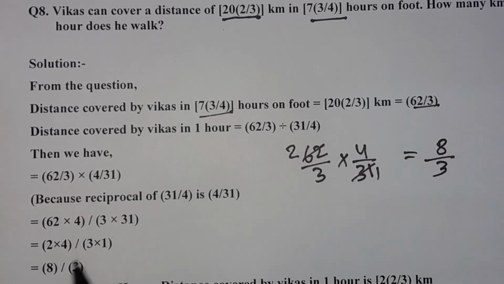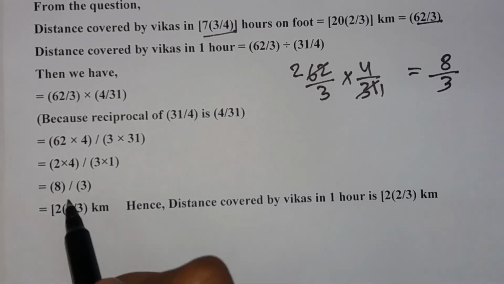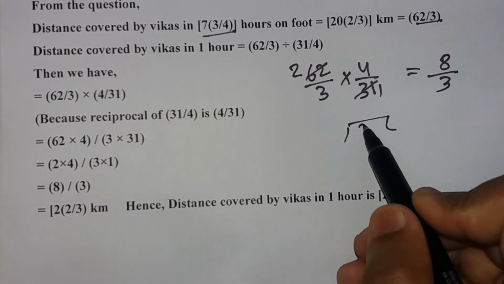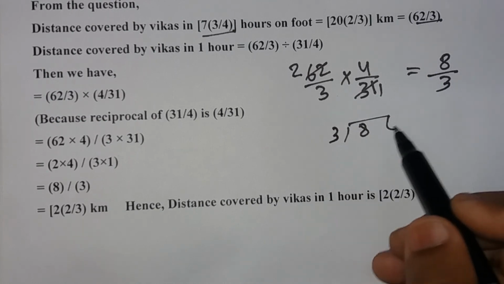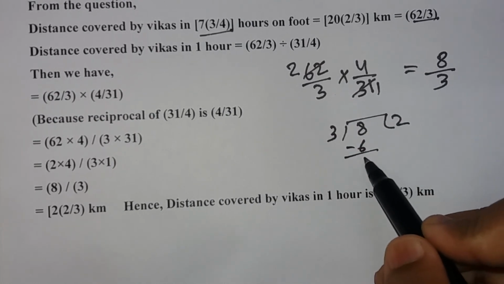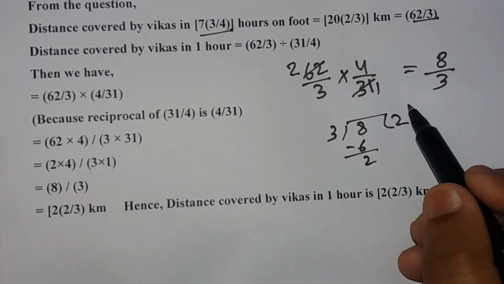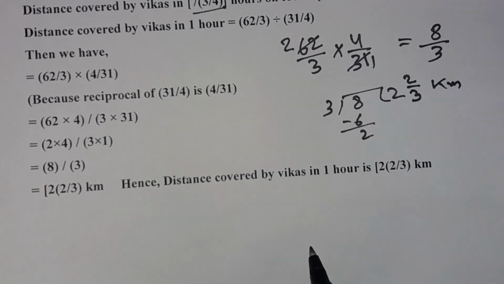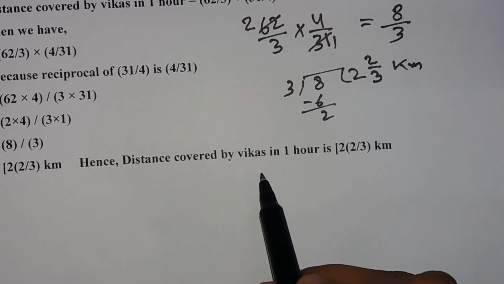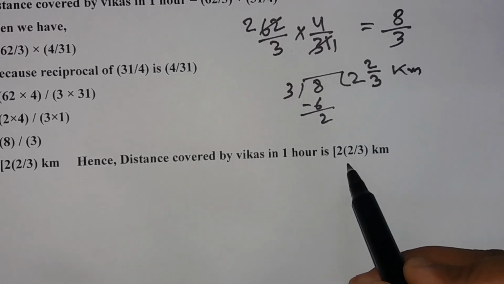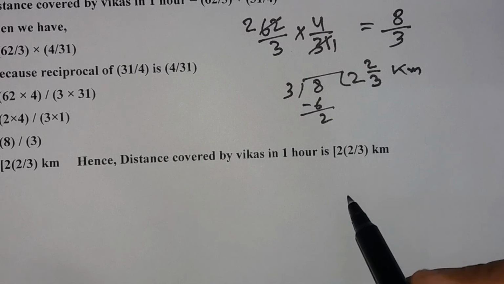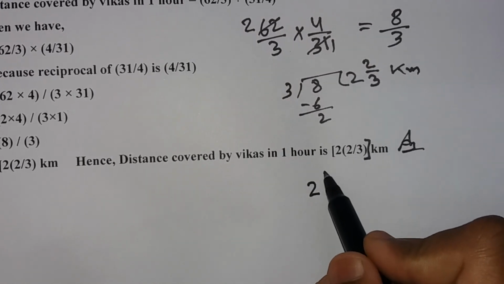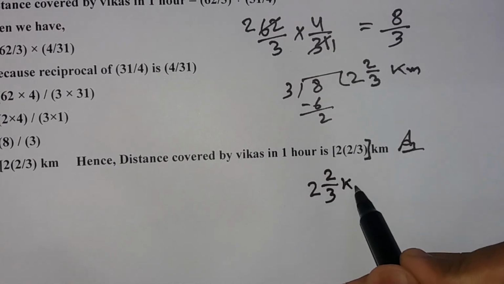Converting this 8 upon 3 into mixed form, 3 twos are 6, so it will be 2 whole 2 upon 3 kilometers. Therefore the distance covered by Vikas in 1 hour will be 2 whole 2 upon 3 kilometers. So that will be the answer.